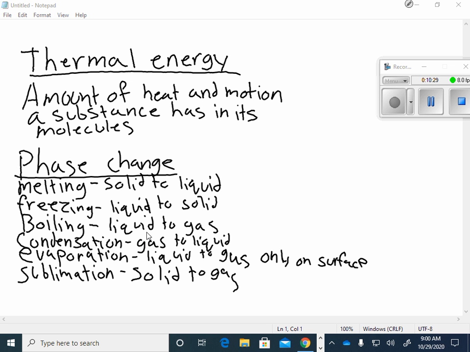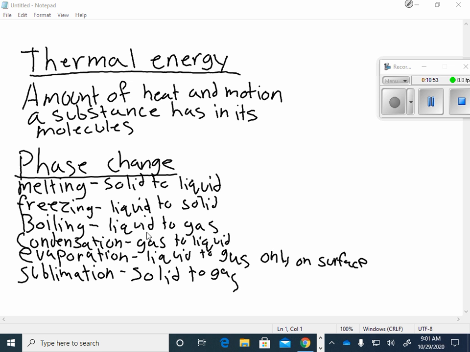What we're going to do today is you'll have a worksheet on the iPad that will give you different scenarios, and you have to say what phase change is happening, what state it started in, what state it went to. Yes, Braxton?